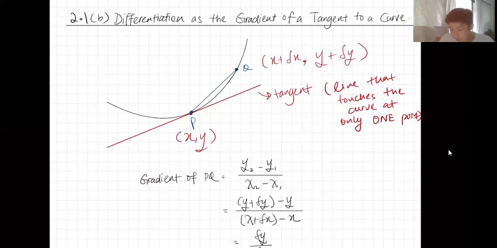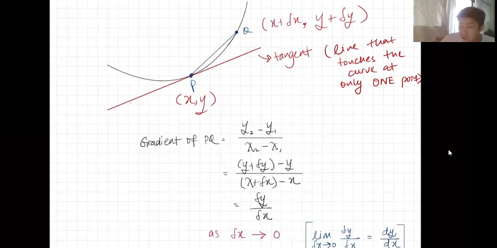As you learned in Form 2, Form 3, I'm not very sure, or in your IGs, to calculate gradient you have the formula y2 minus y1 over x2 minus x1, correct or not?